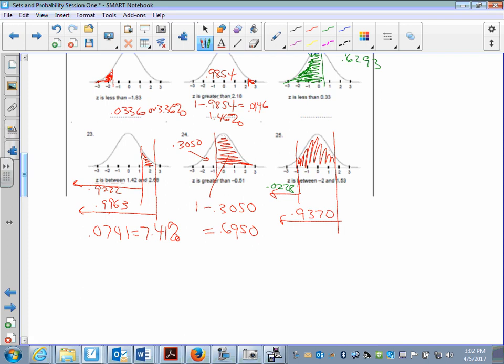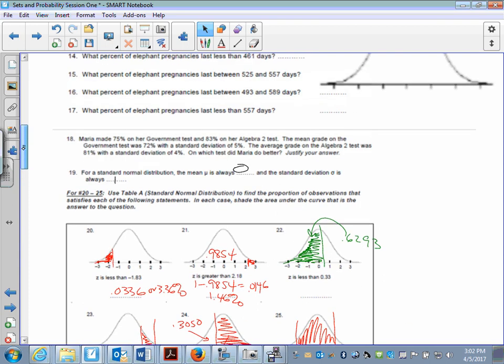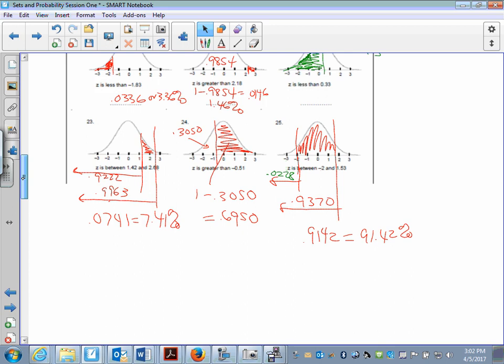So 8 from 10 leaves 2, 2 from 6 leaves 4, 2 from 3 leaves 1, 0 from 9 leaves 9. So we get 0.9142 or 91.42%. So that takes care of 18 through 25.